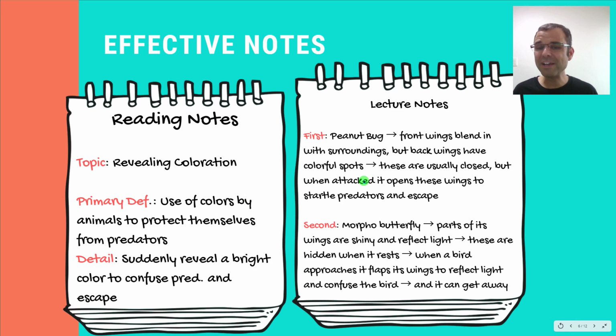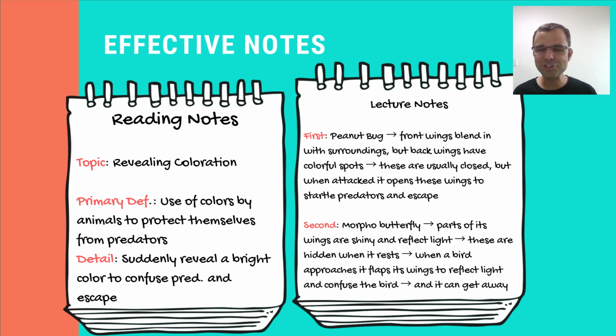Now, you might not get notes that are quite as good as mine or quite as detailed as mine, but you want to get as much detail as you can from each of the examples. Basically, all the details are relevant from the examples. There's nothing you really need to leave out, so just get as much as you can and use as much as you can of it in your answer. This will take practice.